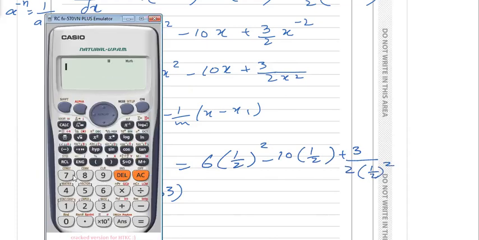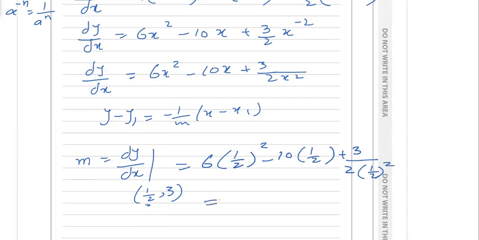So it's 5/2. It means the gradient at this point, which is m, is equal to 5/2.